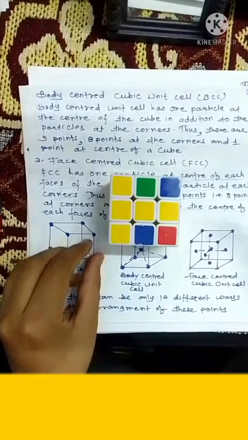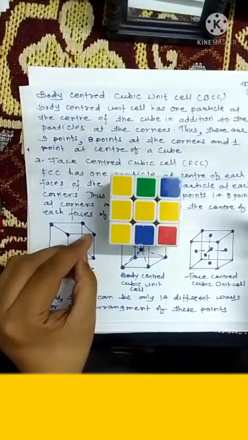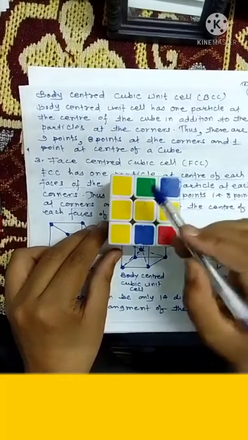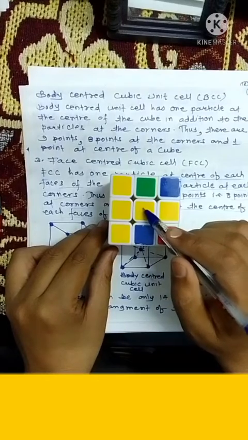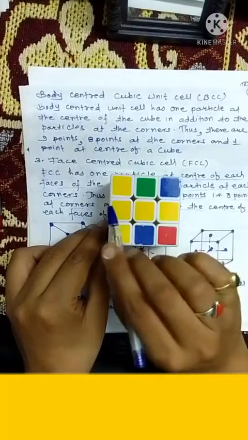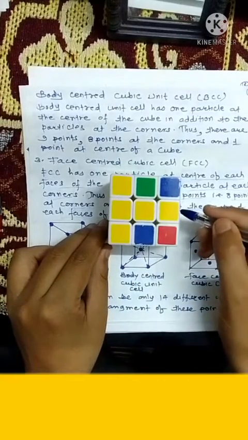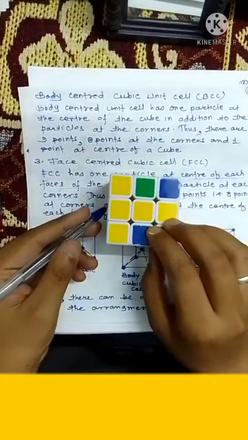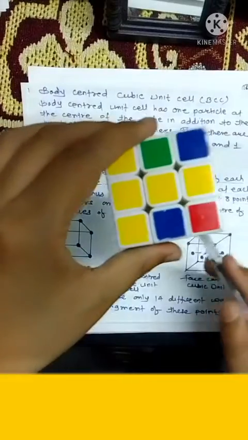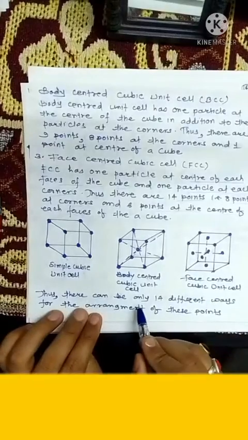Now in FCC, at your 8 corners there is one particle present. At the same time, at every face, so the cube has 6 faces, there is one particle present at the center of the face. So this is the face of the cube. One particle is present here, one is here, one is here, one is here, one is here and one is from your downward face at the center.